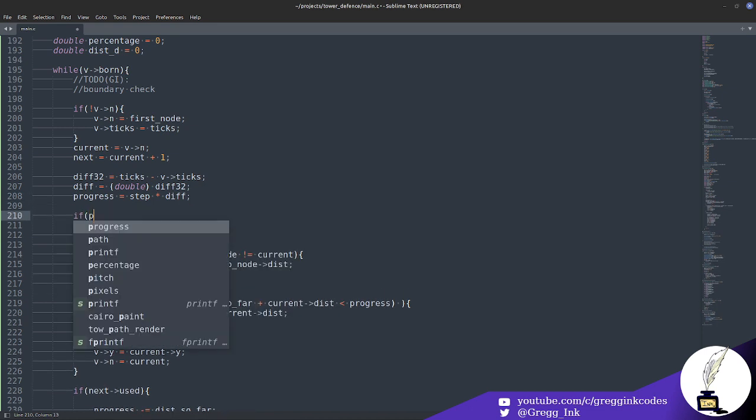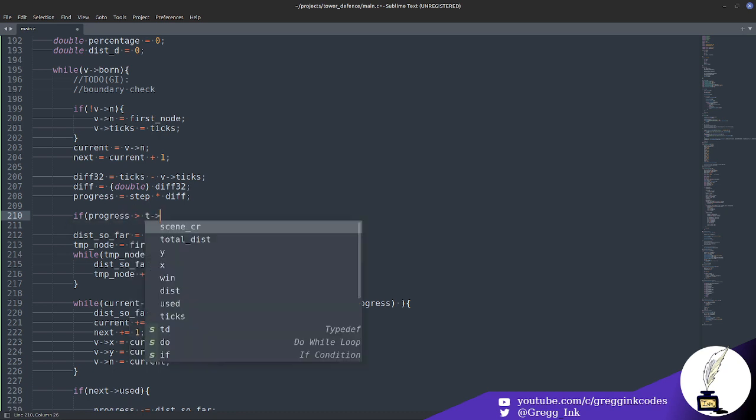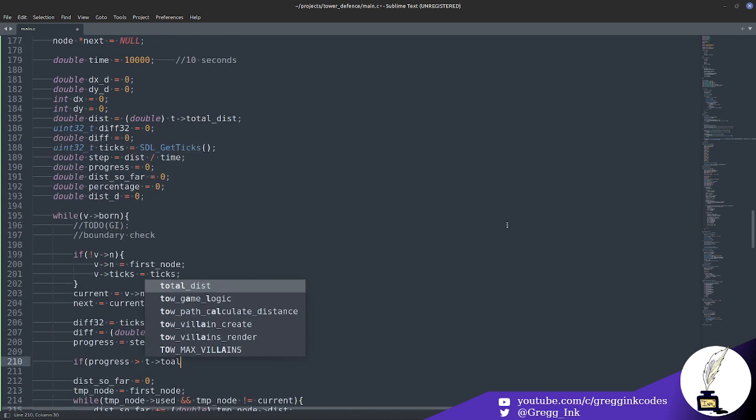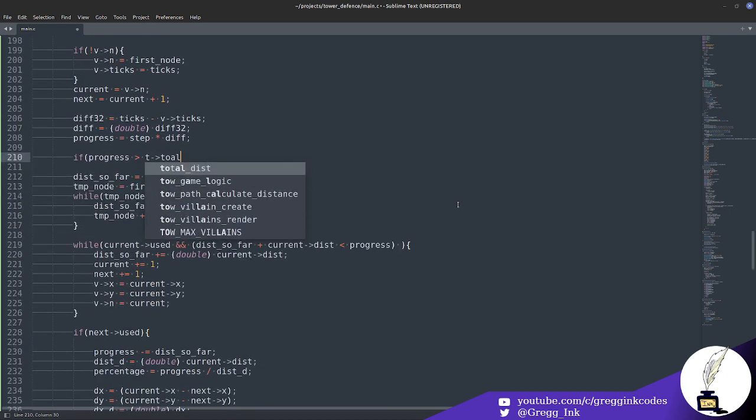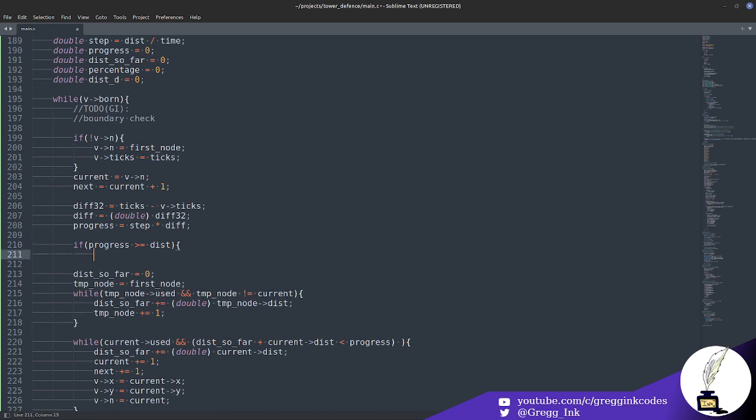If progress is larger or equal than this, then v out equals 1.